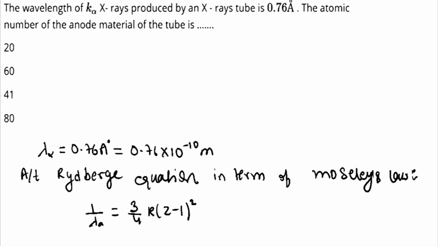Solving this, we get 1 upon lambda, where lambda is 0.76 into 10 to the power minus 10, is equal to 3 by 4 into R, the Rydberg constant, whose value is 1.097 into 10 to the power 7, into (Z minus 1) square.